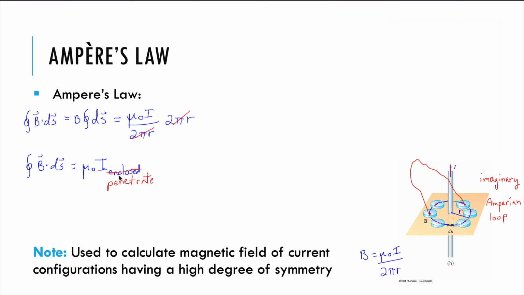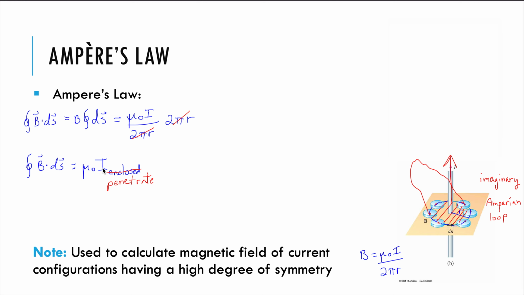So how much current is penetrating or going through that surface? Now, I chose a random shaped surface, but if you chose a flat surface like this, then the current that is penetrating that surface, that is I enclosed or I penetrating. That's the easiest way to think about what this I is.